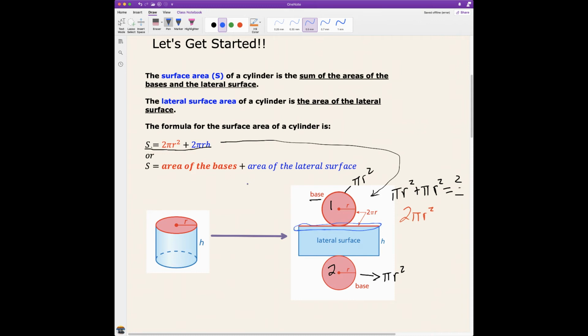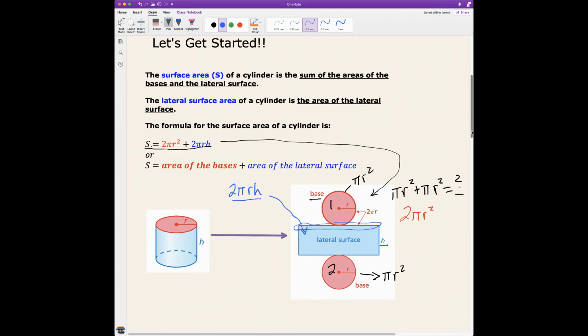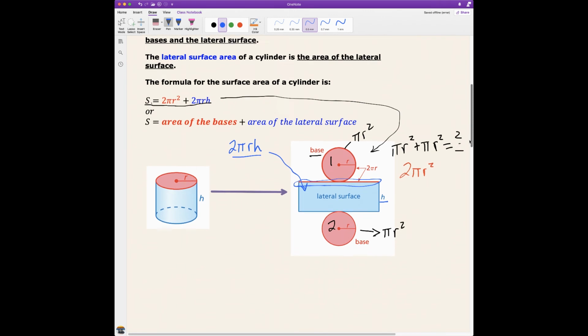The length is the circumference of one of the bases. And then the height of the lateral surface is h. So this is the second part of the formula for the surface area of the cylinder. Okay, so that's the formula we're going to use.